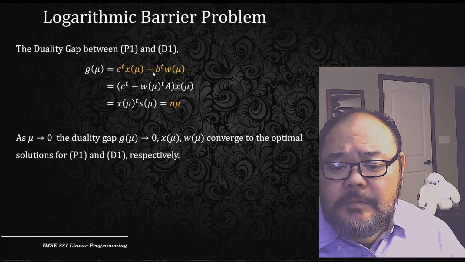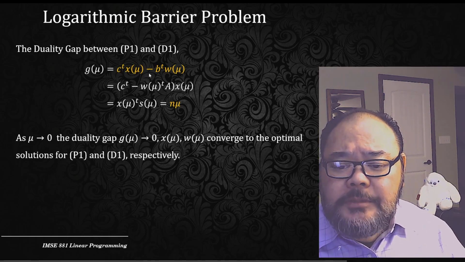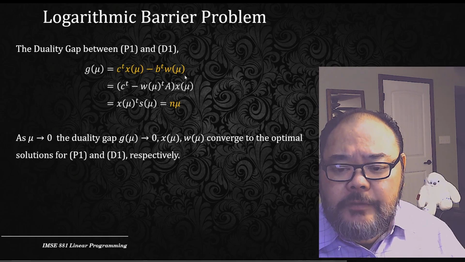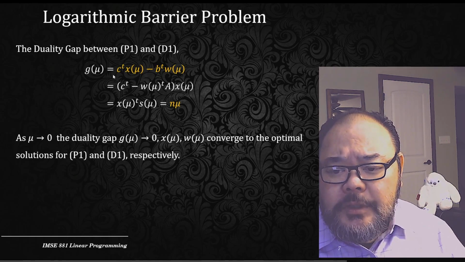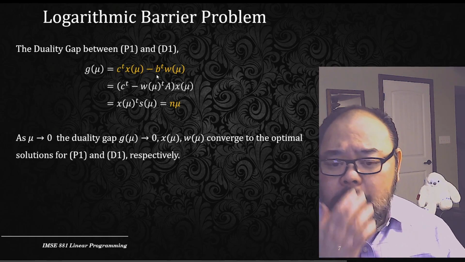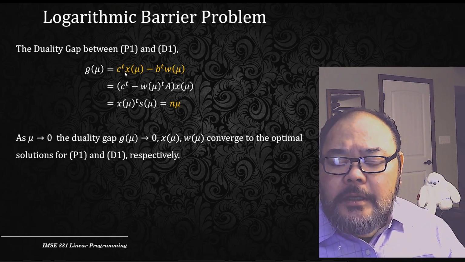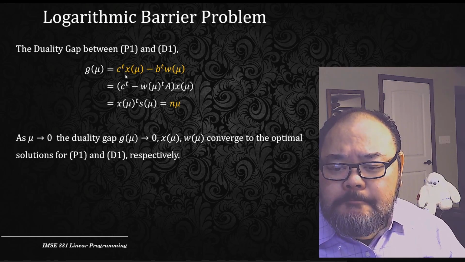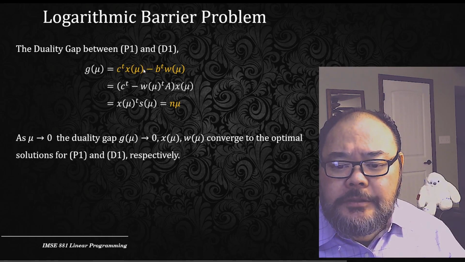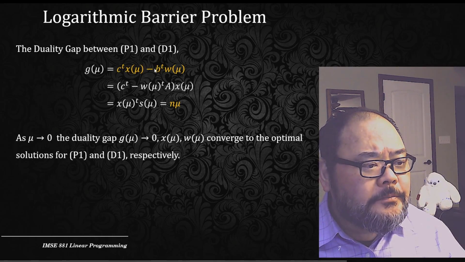This is basically the difference we call the duality gap, the difference between the primal objective function and the dual objective function. Since the primal is a minimization problem and the dual is a maximization problem in our development, the primal objective function is always greater than the dual objective function value.